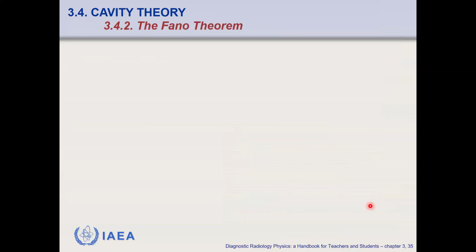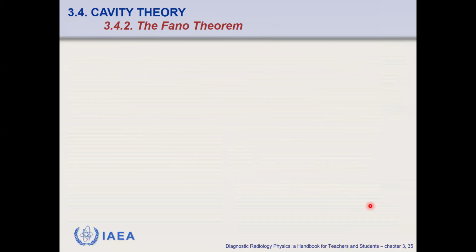Okay, another cavity theory that is also very well known and that we can talk about is the Fano theorem. The Fano theorem. So the Bragg-Gray theory is a method to measure the absorbed dose in radiation dosimetry.